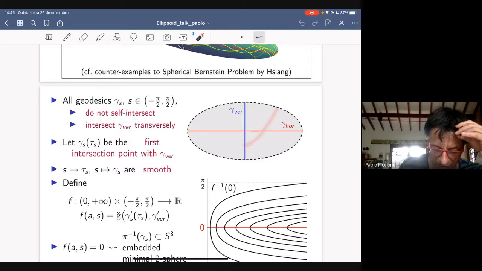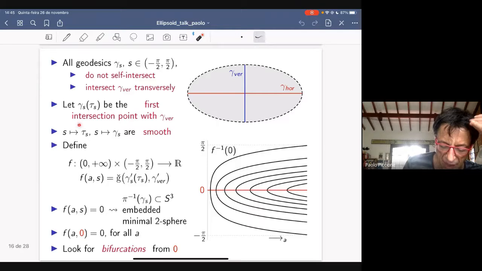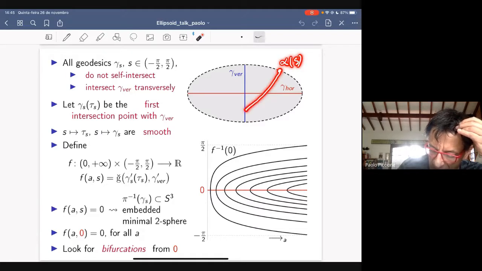So what we do is we define tau of S as exactly the first instant at which this geodesic intercepts the vertical geodesic, okay? So this is the point alpha of S. This is geodesic gamma of S. And this is the point gamma of S at the instant tau of S, okay? So we take a function that depends on two variables.